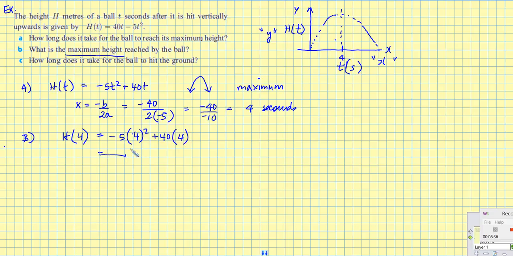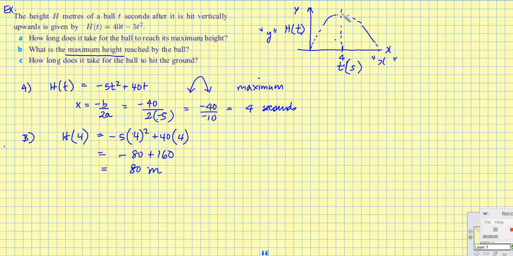So that ends up giving me 16 times negative 5, which is negative 80, plus 160, and that gives me 80. So that means it's 80 meters.